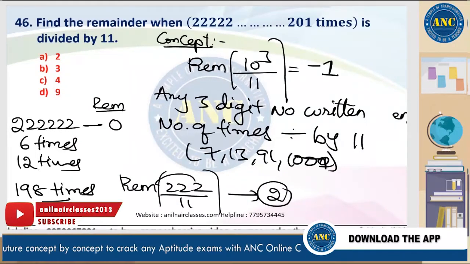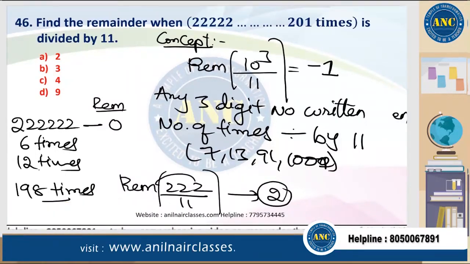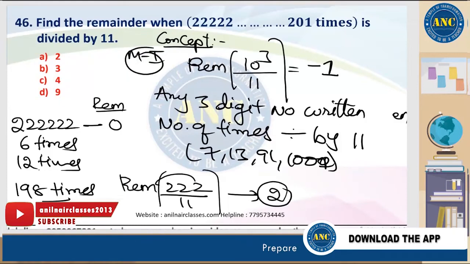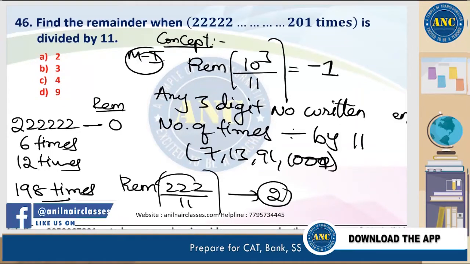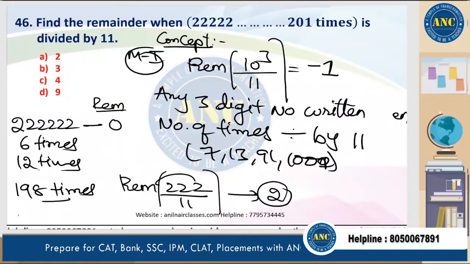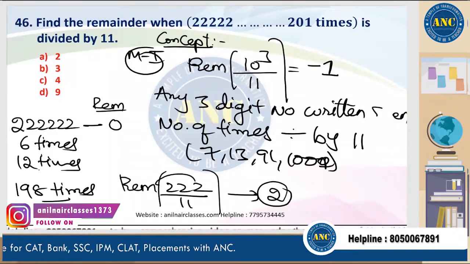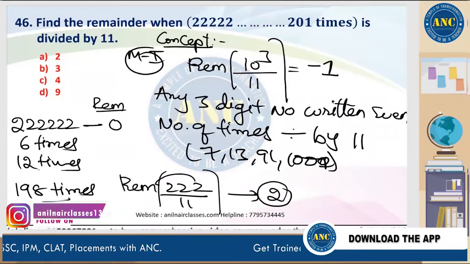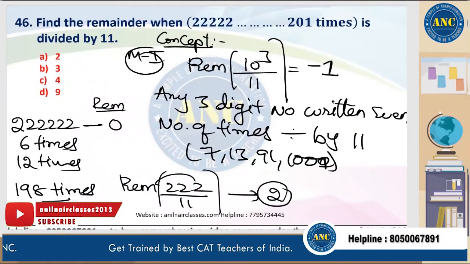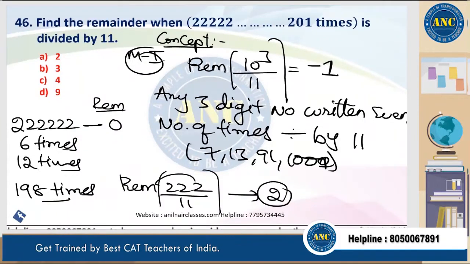I hope it is clear. Idea is clear. This is concept 1, Method 1. Any 3-digit number written an even number of times is always divisible by 11.